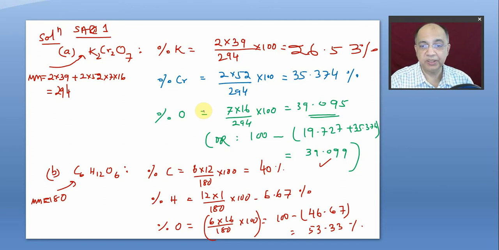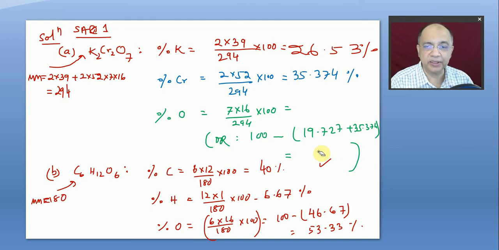Okay. But this one is again different. See, this one is not correct. If you subtract the sum of these two from 100, you are also not getting this value. So let me calculate. This is 112 divided by 294 into 100. So that becomes 38.09. There was an error in the calculation.